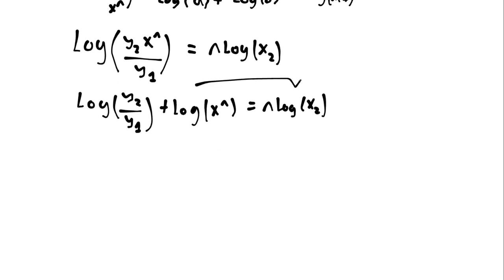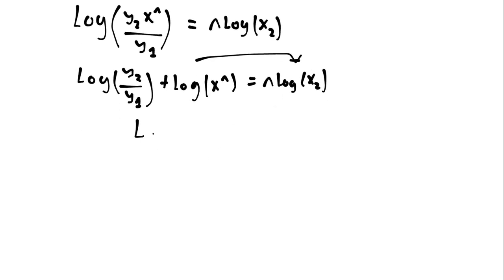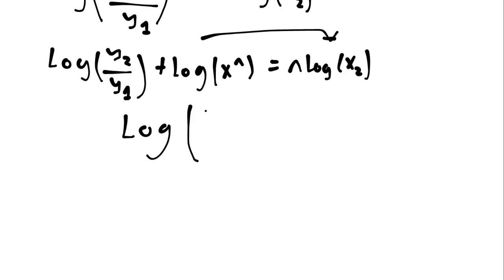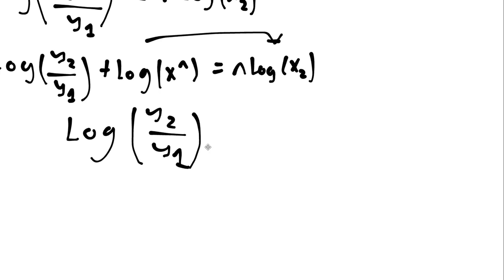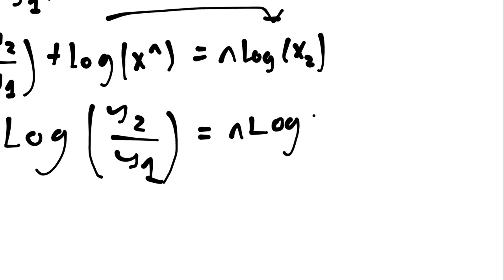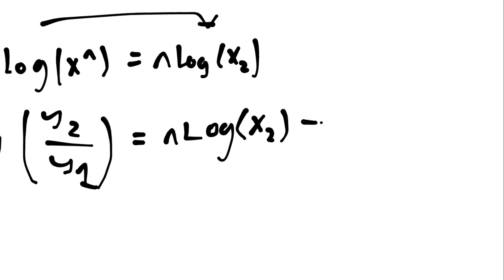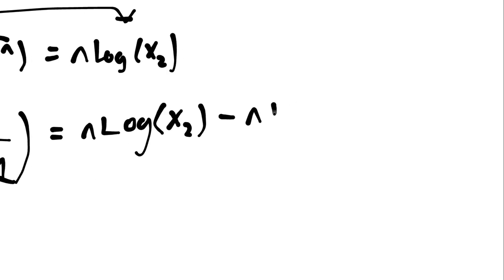Okay, and now you just move this to the other side, and we're almost there. log of y2 over y1 equals n log x2 minus, and I'm bringing the n to the front, so that's why the n's in front there, log x1.